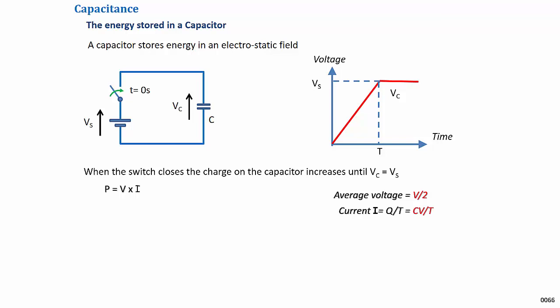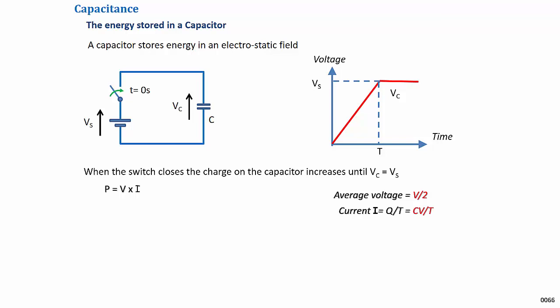The current that flowed over the charging period may be determined by dividing the total charge Q stored on the capacitor by the time taken T. So I equals Q divided by T.